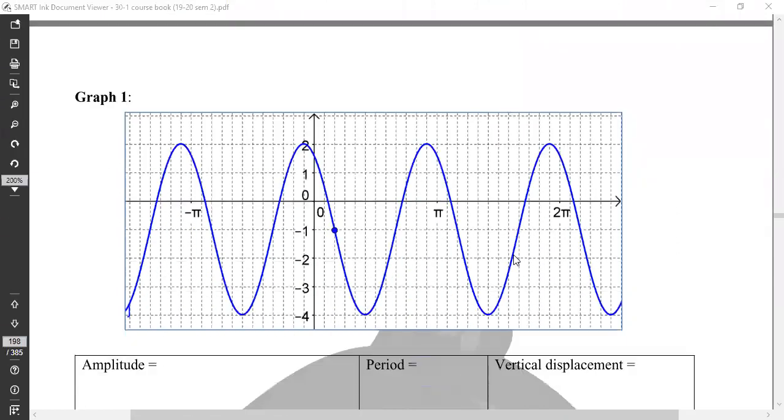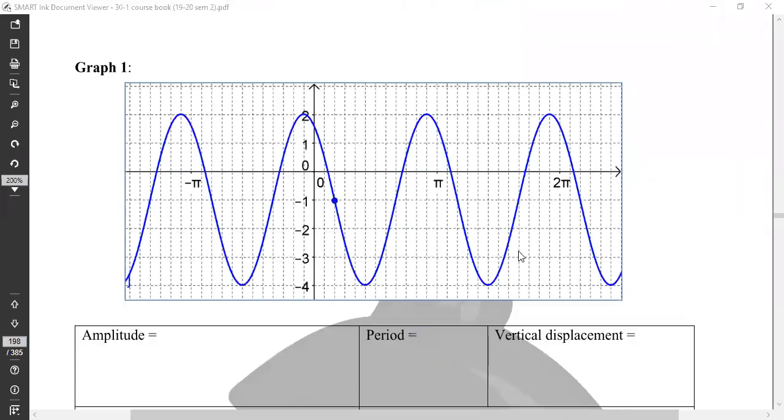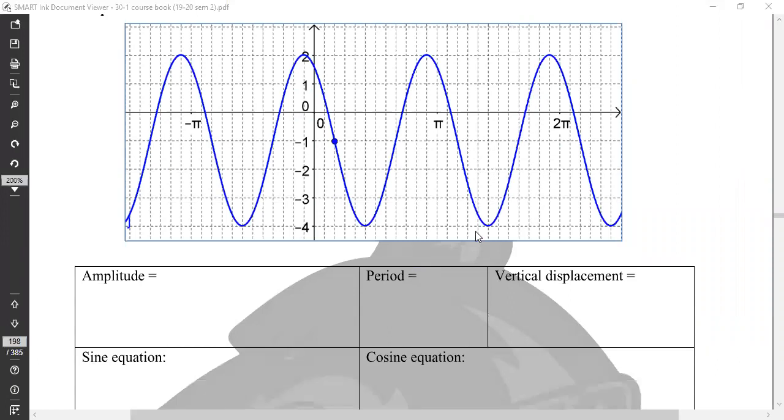Here we go. So given this graph, how do we find an equation for this? I actually would rather not start with amplitude. I kind of like to start with our median because we can see that we have a maximum height of 2, and we can see we have a minimum height of -4.